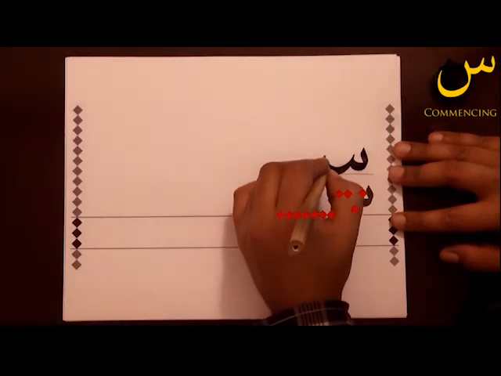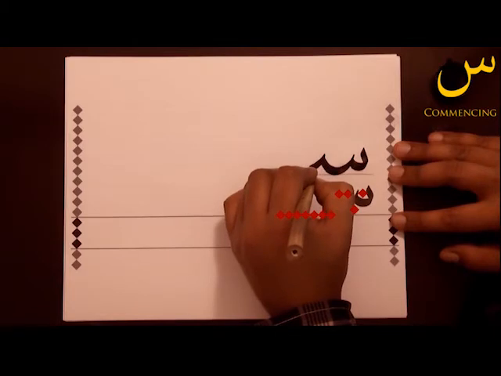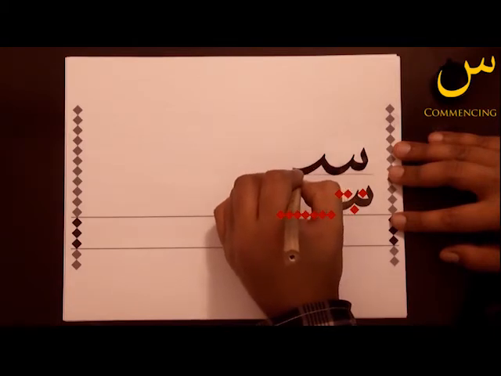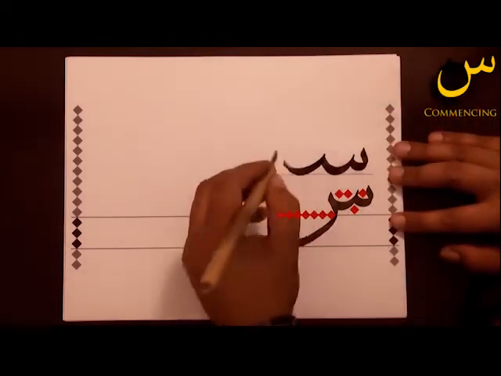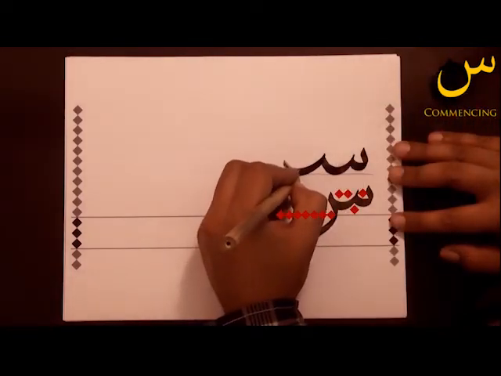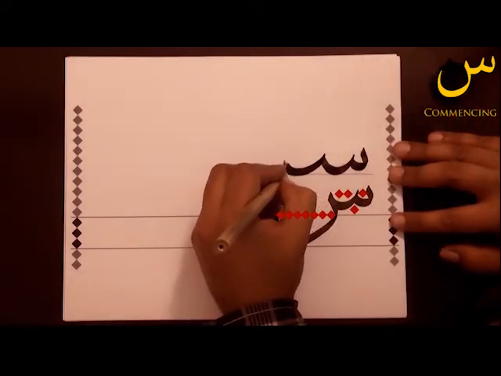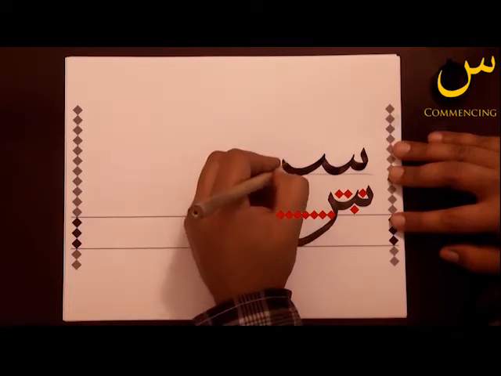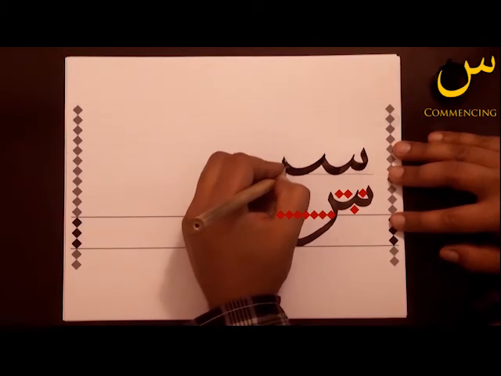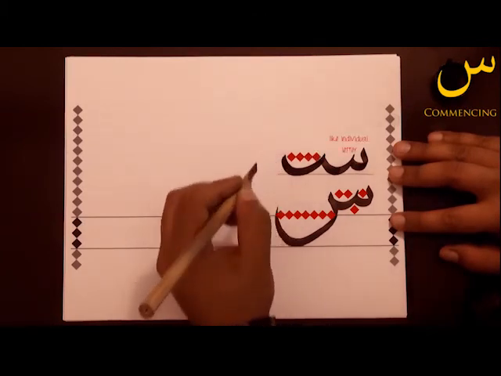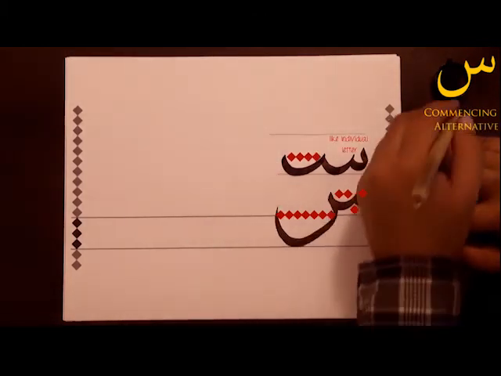The third stroke is a simple curved stroke that will lead you to the next letter, and the width of this stroke is about 4 nuqtas. And there we are.